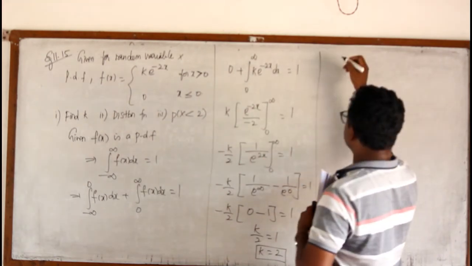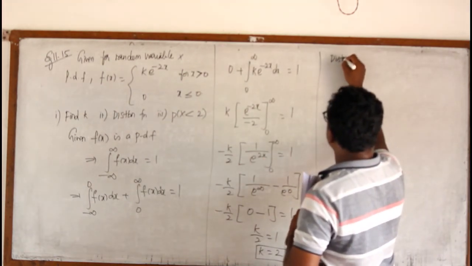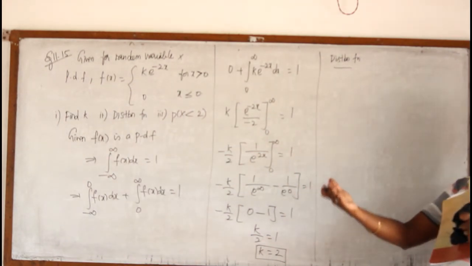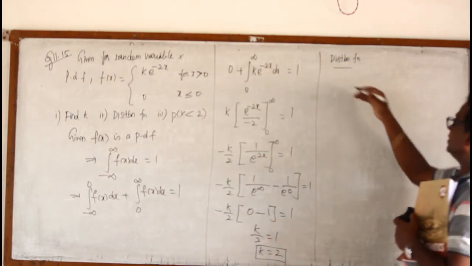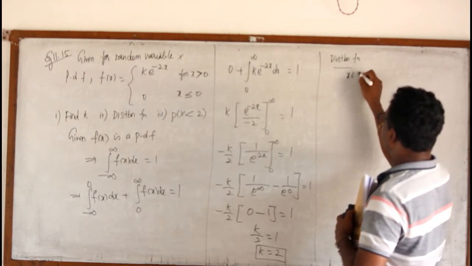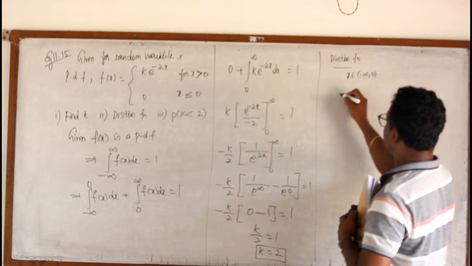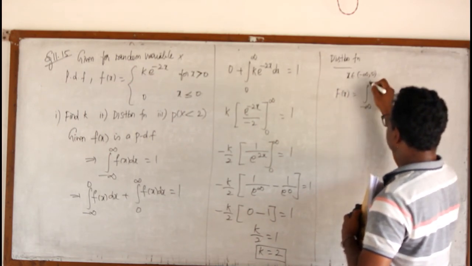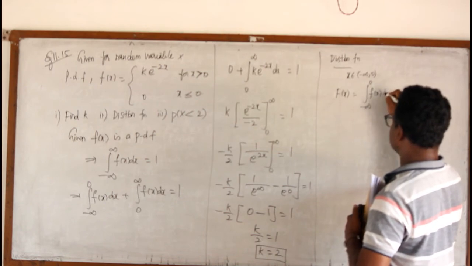Now, the distribution function. Distribution function means I must find the previous integration and add it subsequently. That is, when x belongs to minus infinity to 0, capital F of x is the integration from minus infinity to 0 of f of x dx.